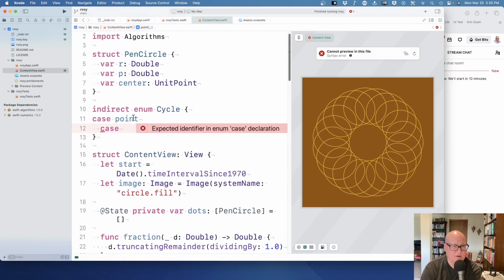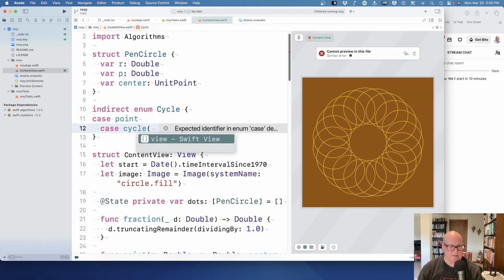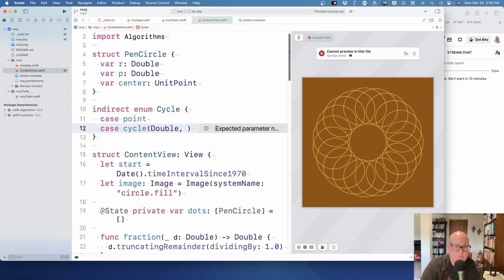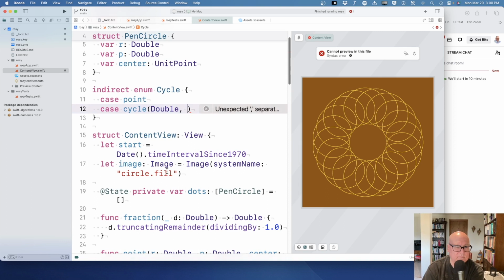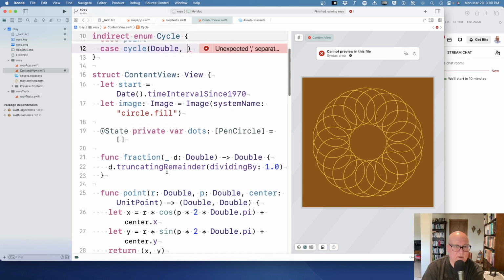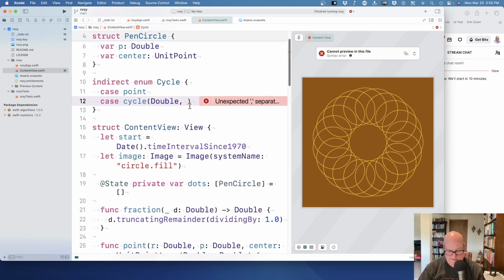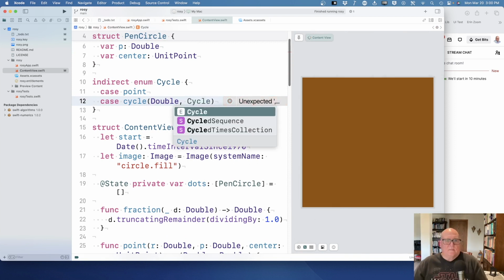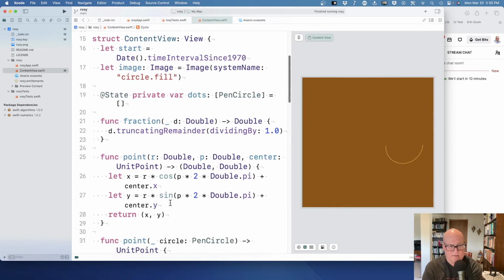I'm going to say it's a cycle, and a cycle has a radius which is a double, and it's got a center which is, I think, a cycle. Is that the right stuff?